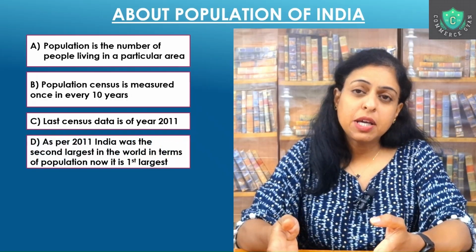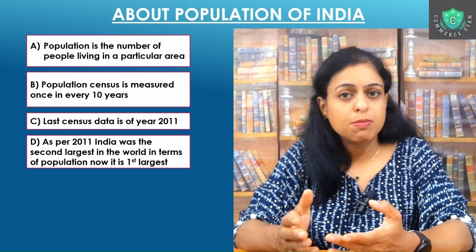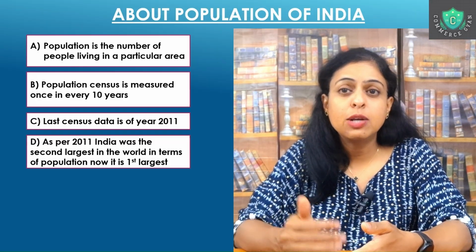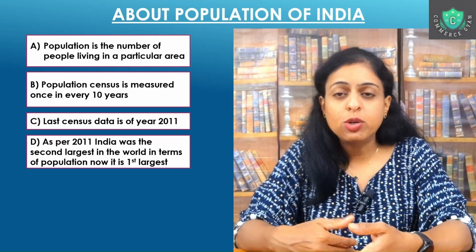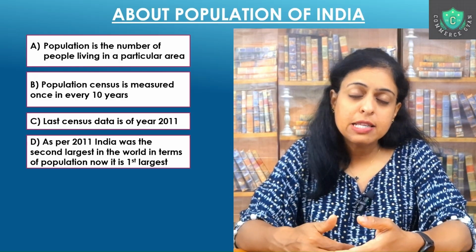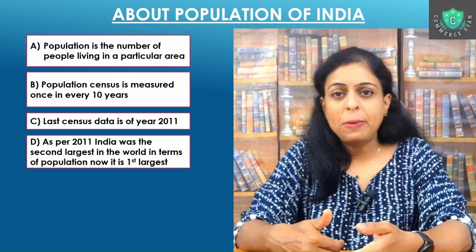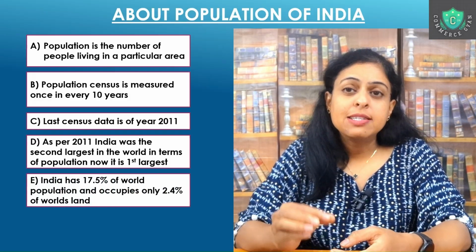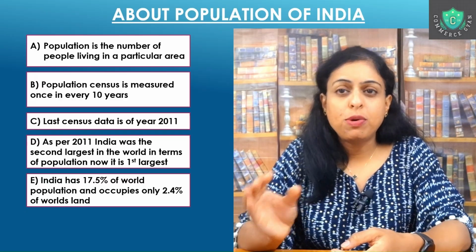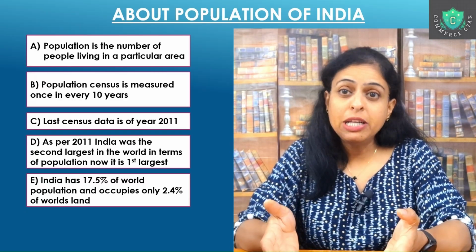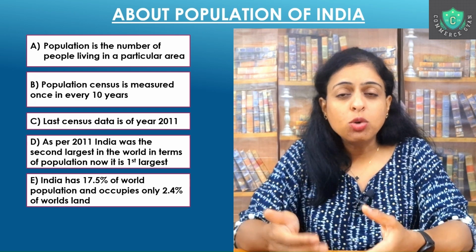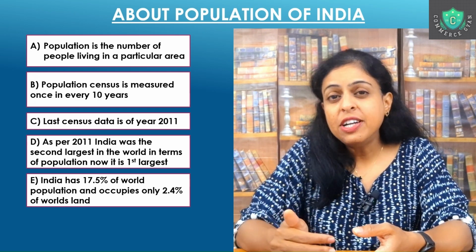Now, India has become the largest populated country in the world. As per 2011, it was second, but now in 2025, they say that India has become the most populated nation in the world. India occupies 2.4% of the world's land, but out of the total population in the world, 17.4% lives in India.